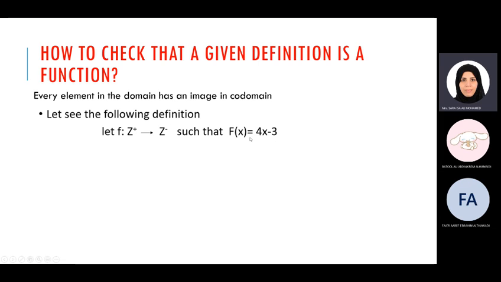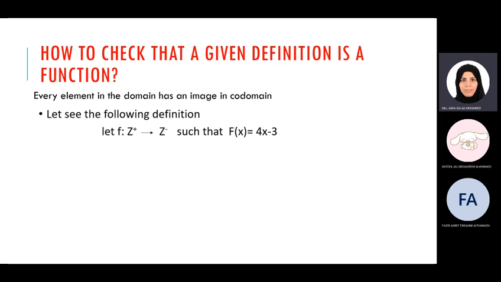This is a function definition if every element in the domain will give you an image, and this image belongs to the codomain. What are the elements in the domain? The domain Z plus means 1, 2, 3, 4, 5, up to plus infinity.